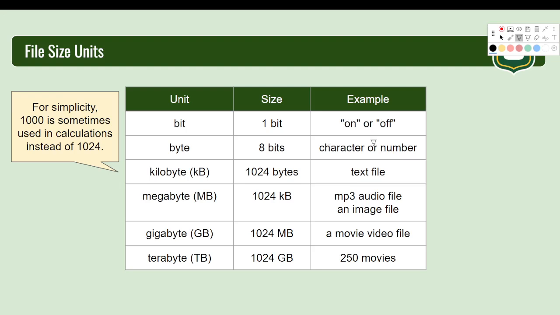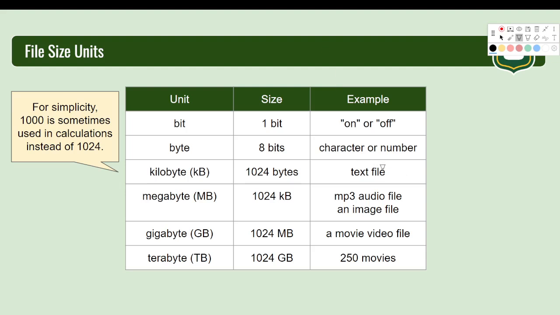If you wanted to store a single character or number, like the number 7, or the letter F, that's going to be 8 bits. That's going to be a byte. So pretty much every time you hit a button on your keyboard, that's a byte.